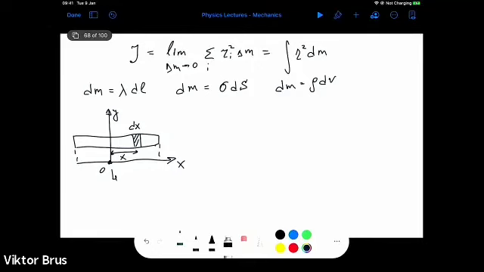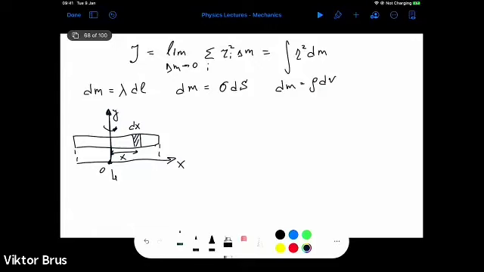Now we want to consider the moment of inertia for this rod when it rotates about axis y. So we have this axis y, and we assume that our rod rotates about this axis. We want to calculate its moment of inertia.